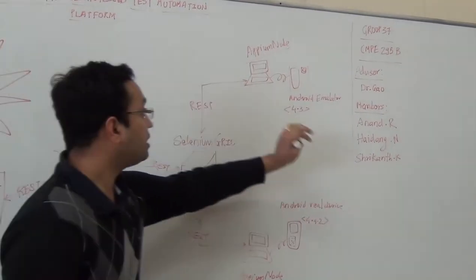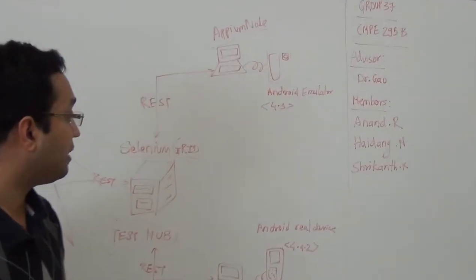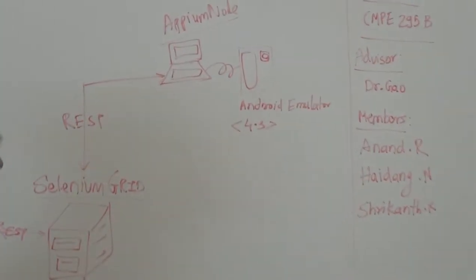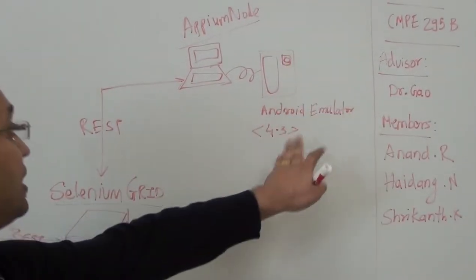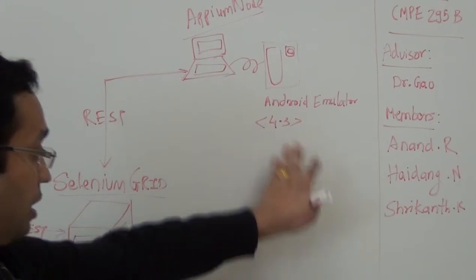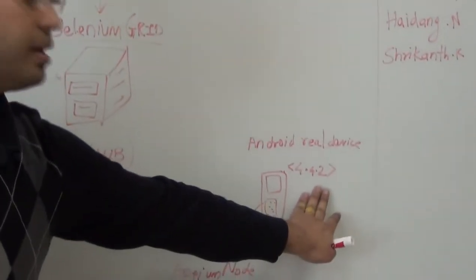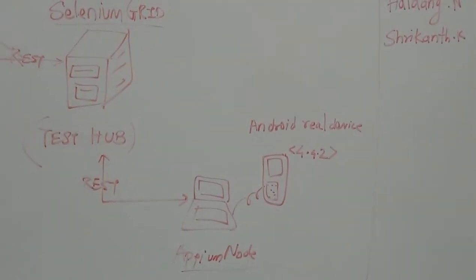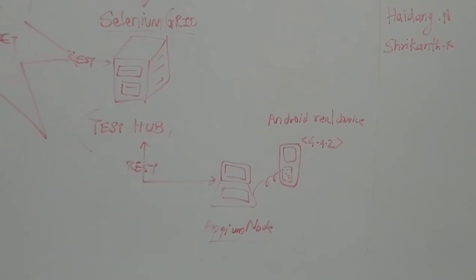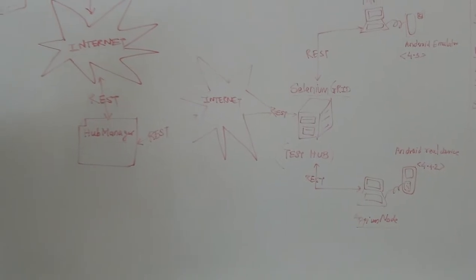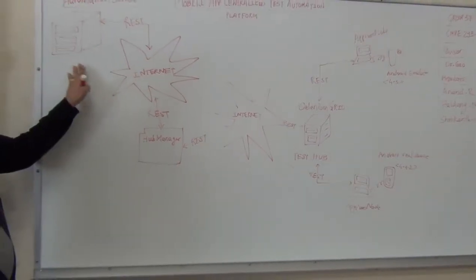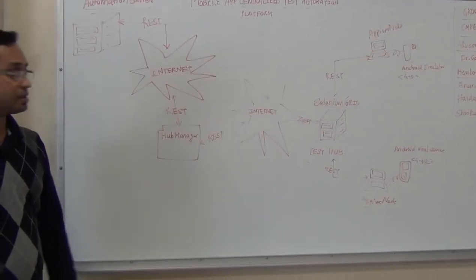So we can test an Android emulator as well as an Android real device running various versions. As of now, we have an Android emulator running Android OS 4.3 and an Android real device running 4.4.2. To start with, we will be showing a REST client plugin demo with Mozilla Firefox that will be mocking the automation server functionalities.